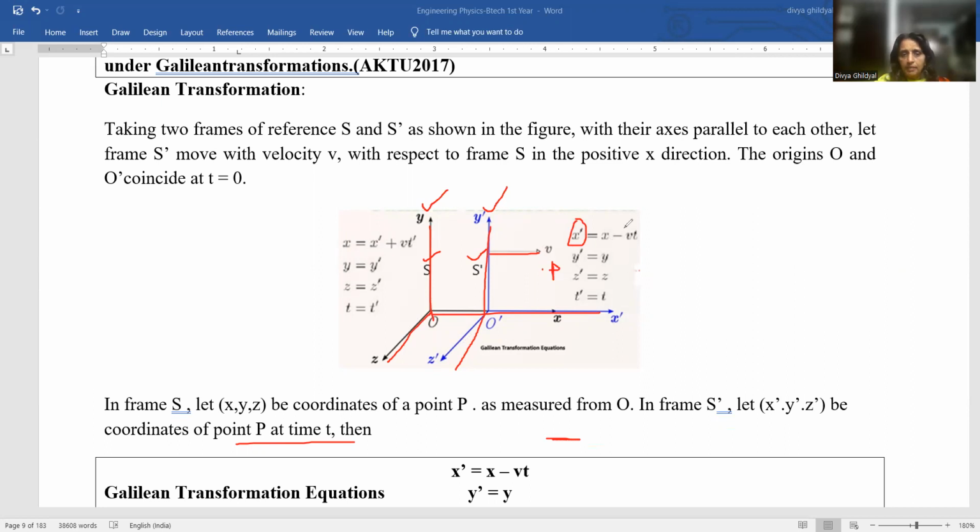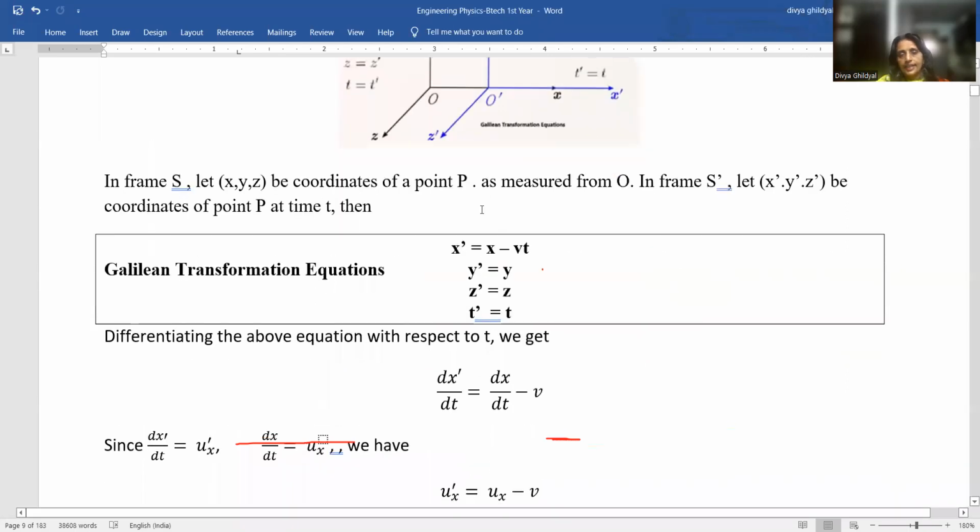This is simple mechanics. Now on this simple mechanics, Galileo tried to give his equations which could be used for explaining relativistic mechanics. He said that x dash is simply x minus vt or plus vt as per the direction of motion, y dash is y, z dash is z, and t dash is t.